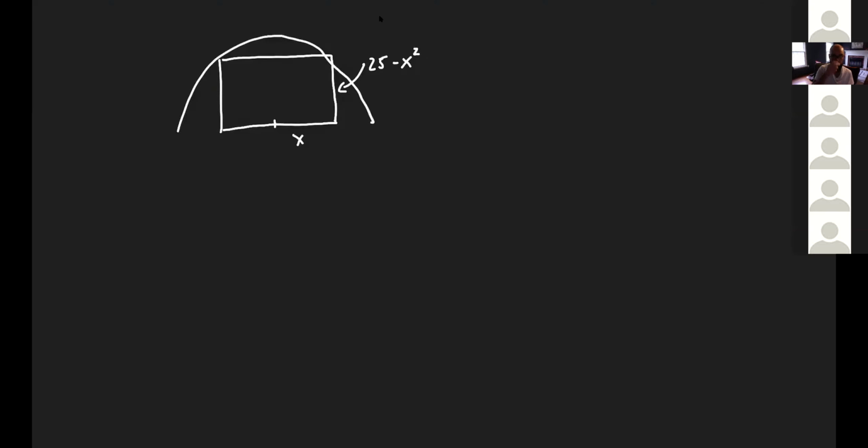All right, so this is what we came up with so far. Our height of our rectangle is 25 minus x squared, and half of the length is x, so the full length is 2x. So the area of this rectangle is going to be the length, 2x, times the height, 25 minus x squared.